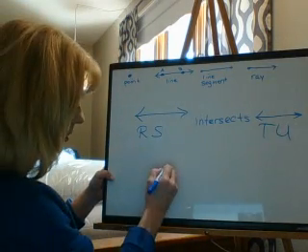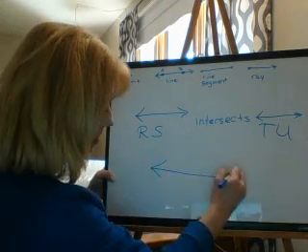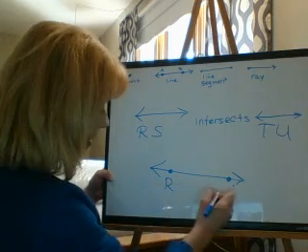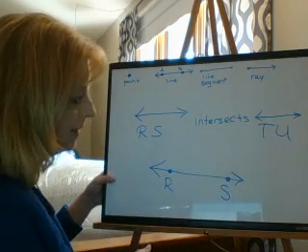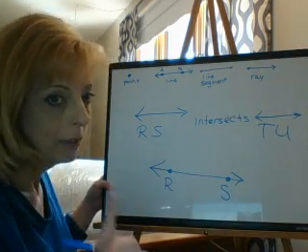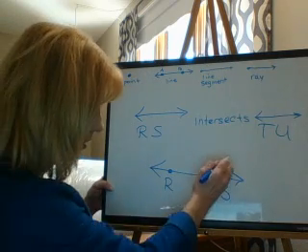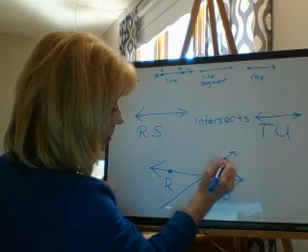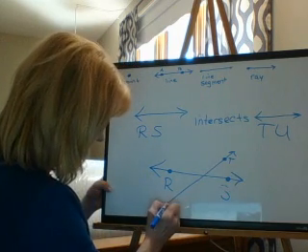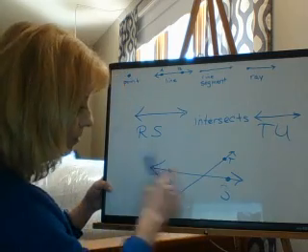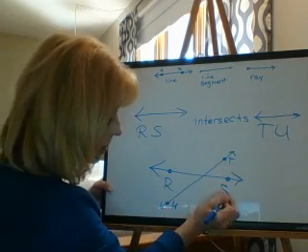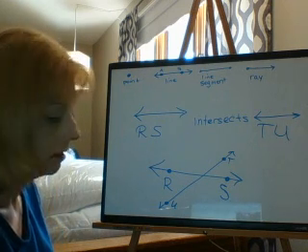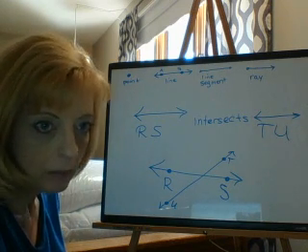Okay, I'm going to make line RS. I'm going to make line TU intersect, cross through it, but not at a perfect corner. So I'm going to kind of do it at an angle there. And I will call this one TU. Don't forget the arrows, okay? We have to have the arrows on there to show that it is a line, not a line segment or a ray.